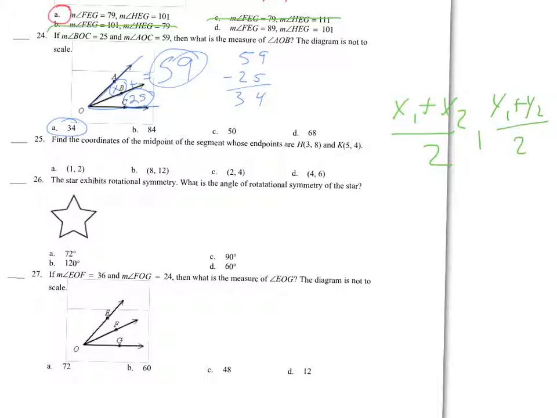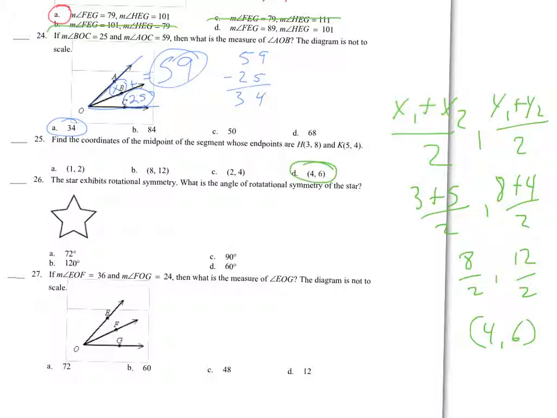So we're going to add the x's, divide by 2, add the y's, divide by 2. We end up with 3 plus 5 divided by 2, and the y's would be 8 plus 4 divided by 2. 3 plus 5 is 8, 8 plus 4 is 12, and those simplify to 4, 6, which would be the answer, D.